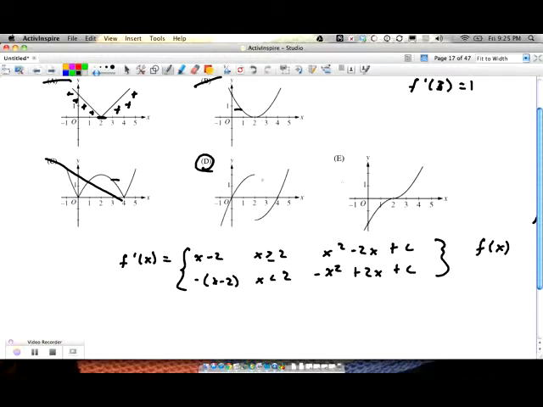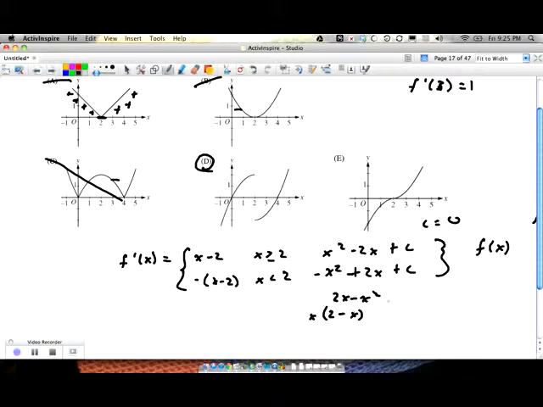I'm mostly thinking that because this is probably going to have more of a split if that constant were the same thing. Well, let's just for fun say c equals 0. Then what would these two functions look like? This bottom one would be 2x minus x squared, which is 2 minus x times x.